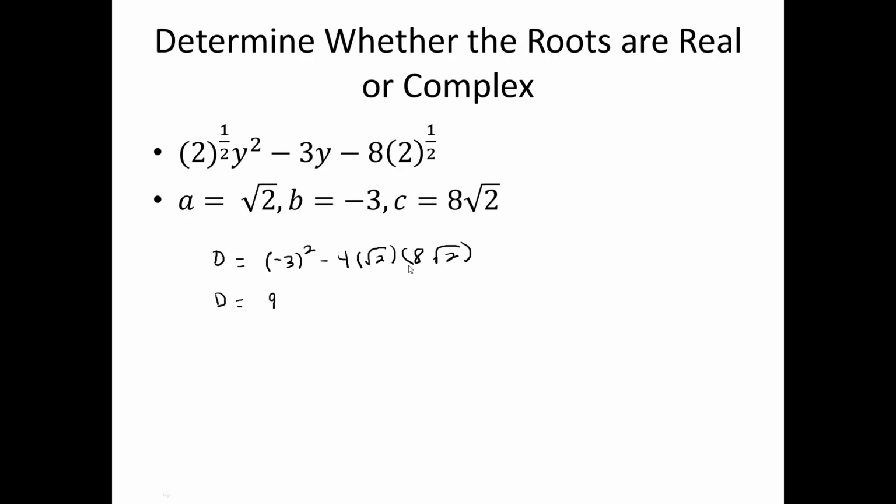Keep in mind we only have one negative number, so our answer will be negative. So let's start simplifying. 4 times 8 is going to give us that negative 32. And the square root of 2 times the square root of 2 gives us the square root of 4.